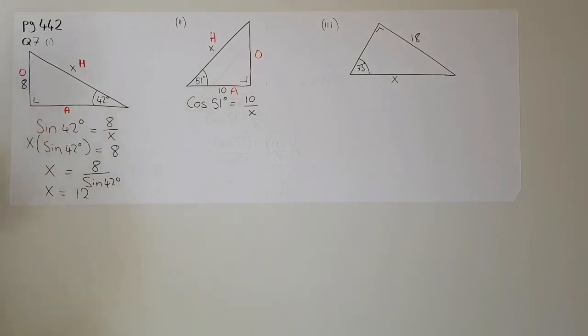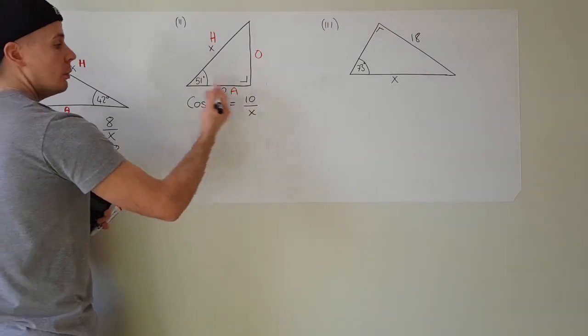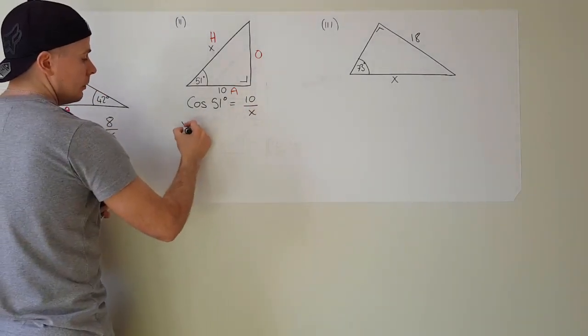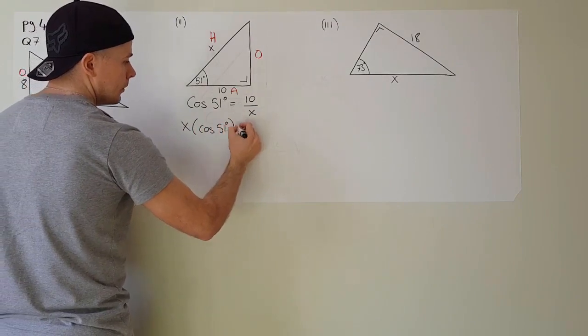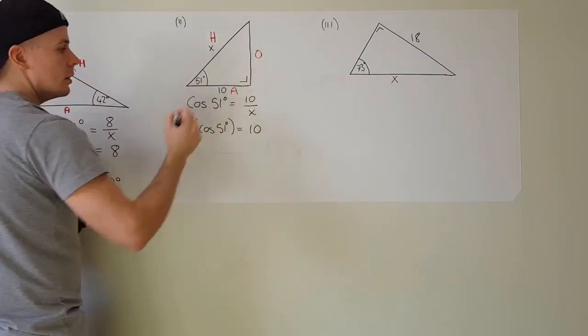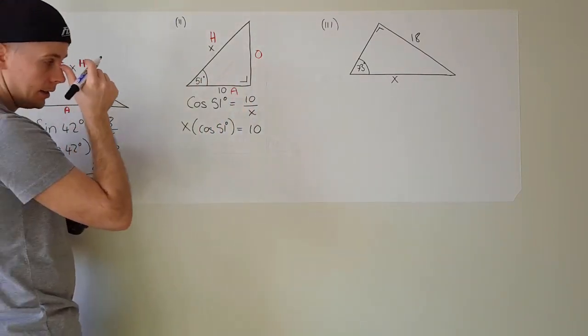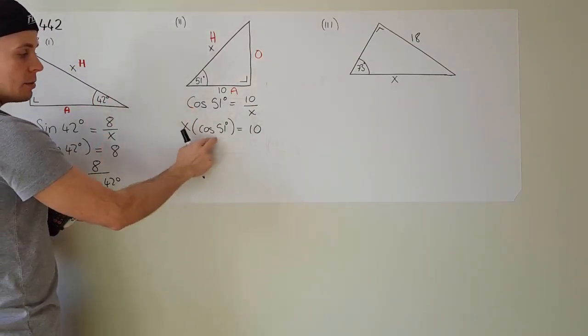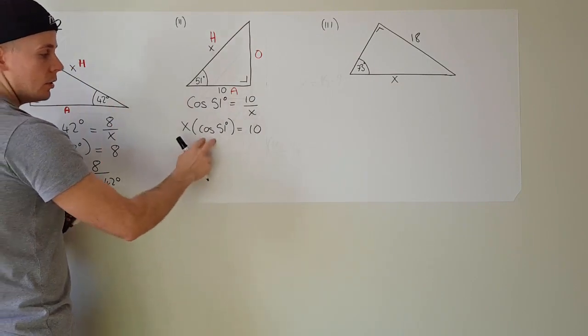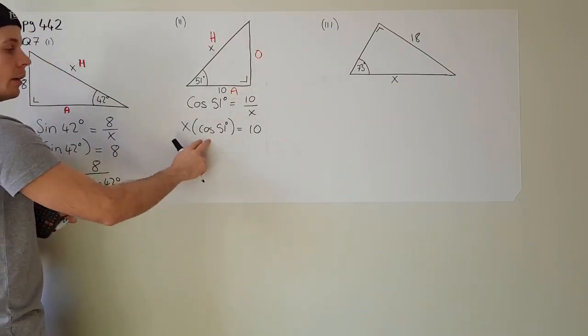x is part of our fraction, so we need to isolate x out of that. We're going to multiply both sides by x. Multiplying and dividing on the right cancel the multiplication of x. Now x is part of a multiplication, so we want to do the opposite operation to multiply, and that is divide.